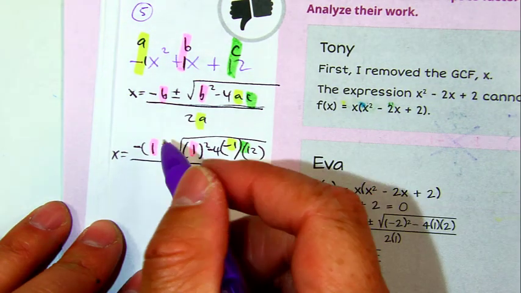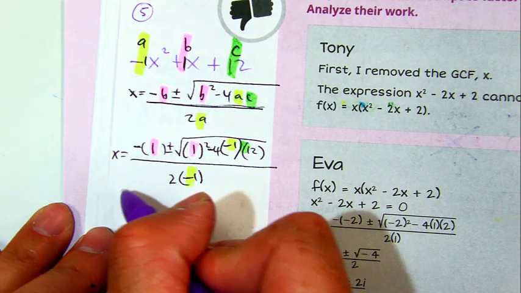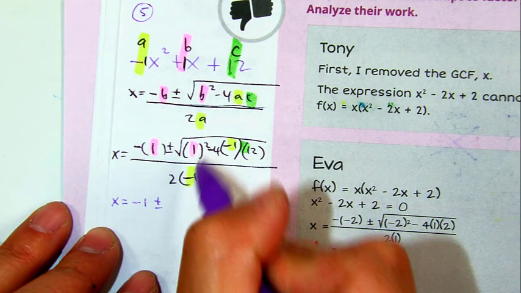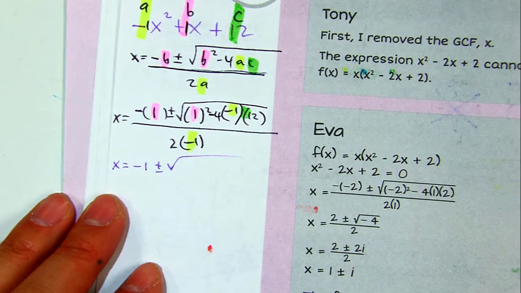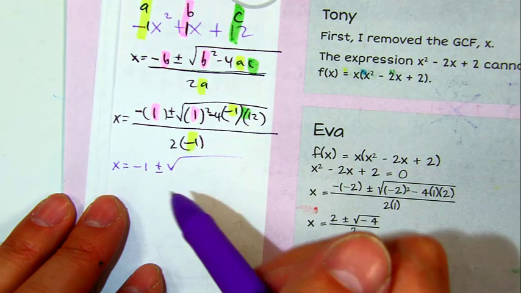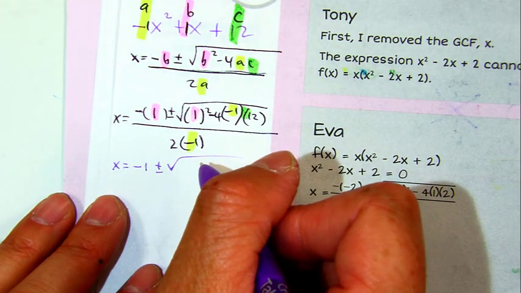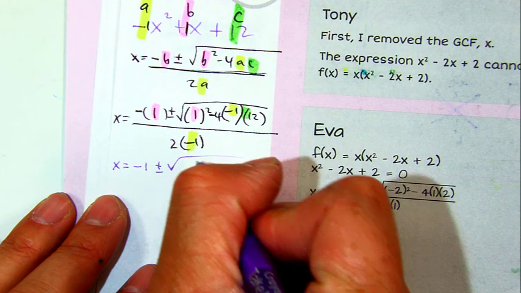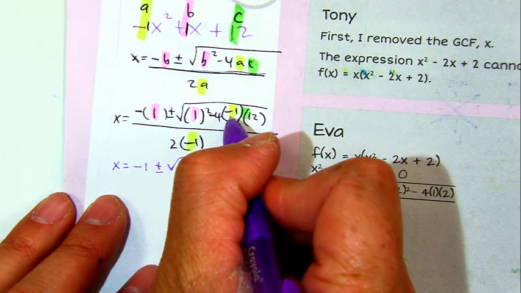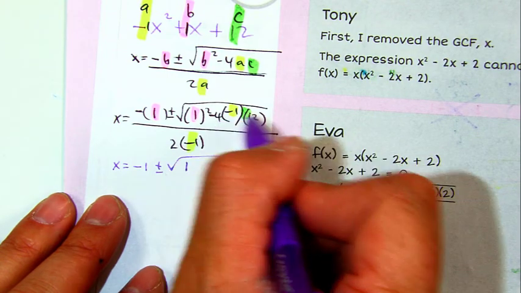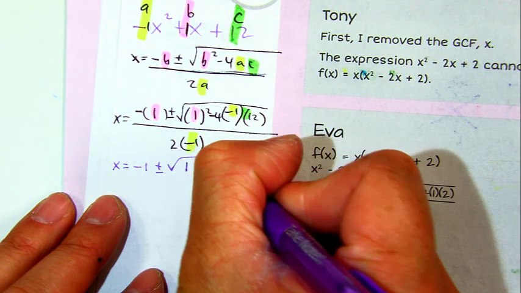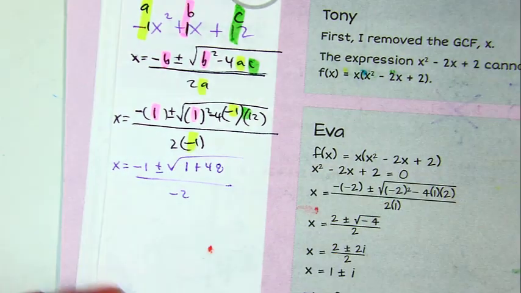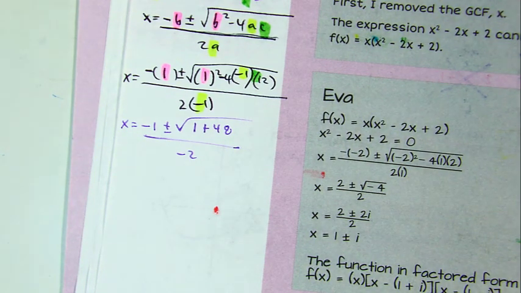Positive 1. 1 squared? So it just means 1 times 1? Yeah. Marco, -4 times -1? Positive 4. And +4 times 12? 48. So that's a positive over -2. Casimiro? 1 plus 48? 48.